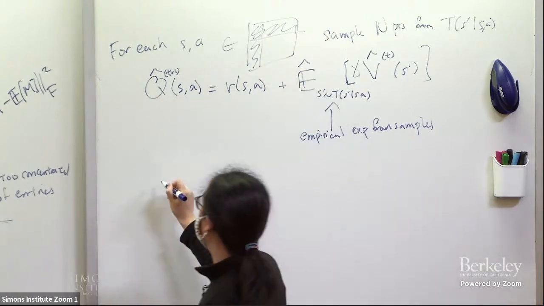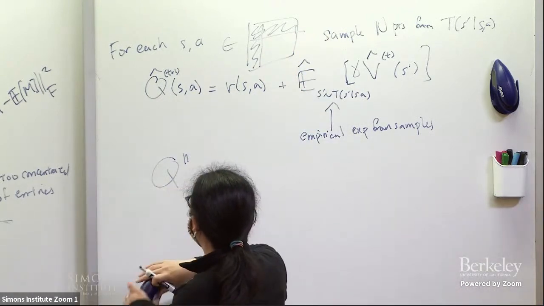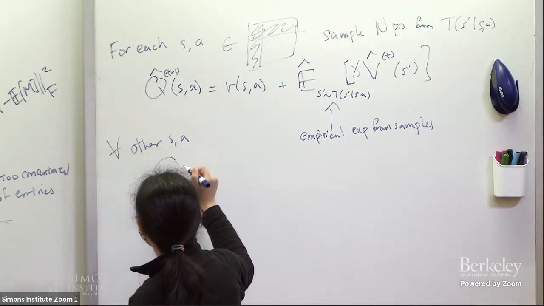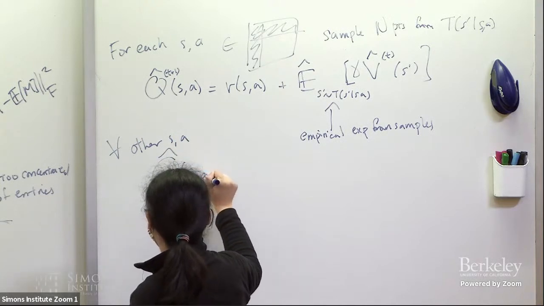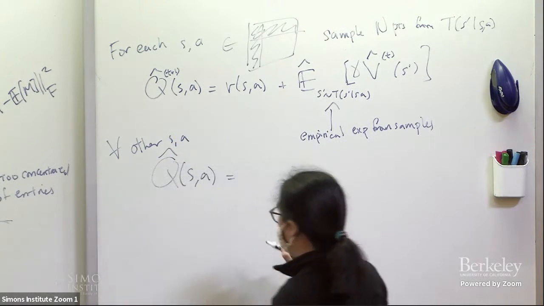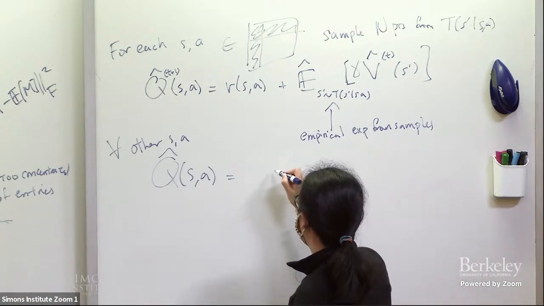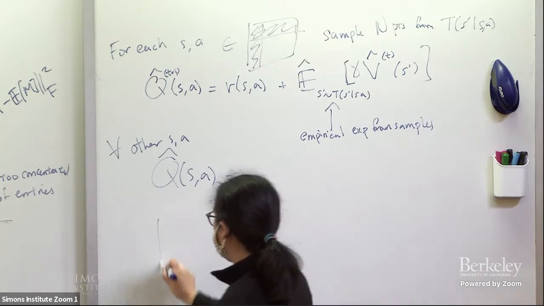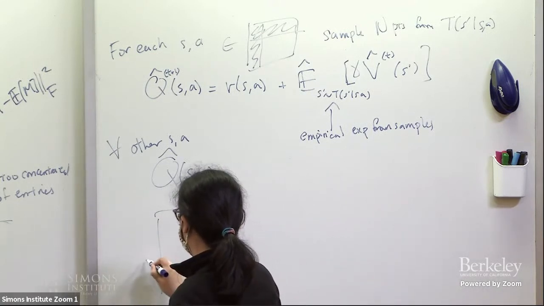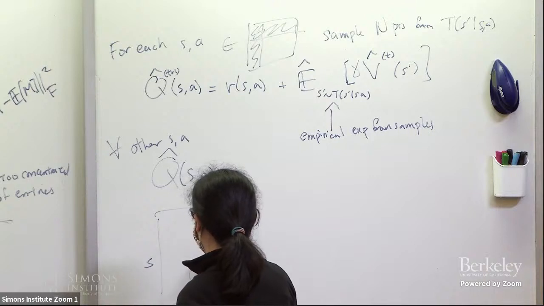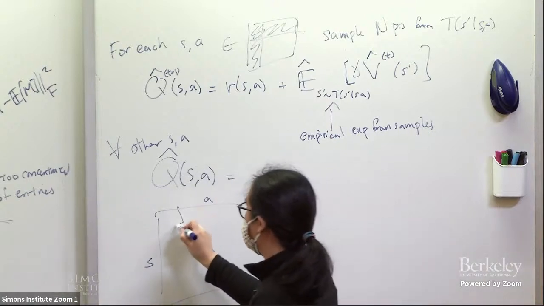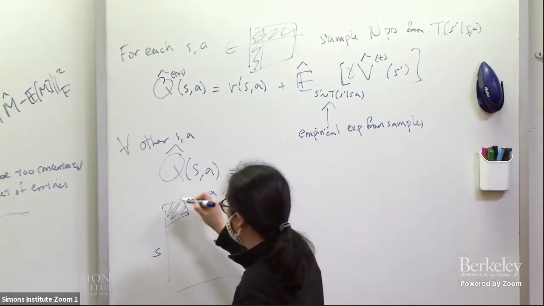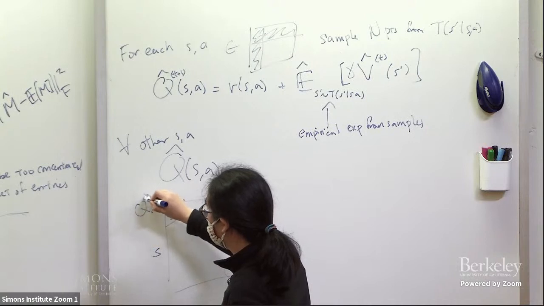And then for all other states and actions, the way they are estimated is as follows. I'll draw a picture. If I'm at this state and this action, there's this special corner where everything is sampled. I'm going to call this part Q sharp.